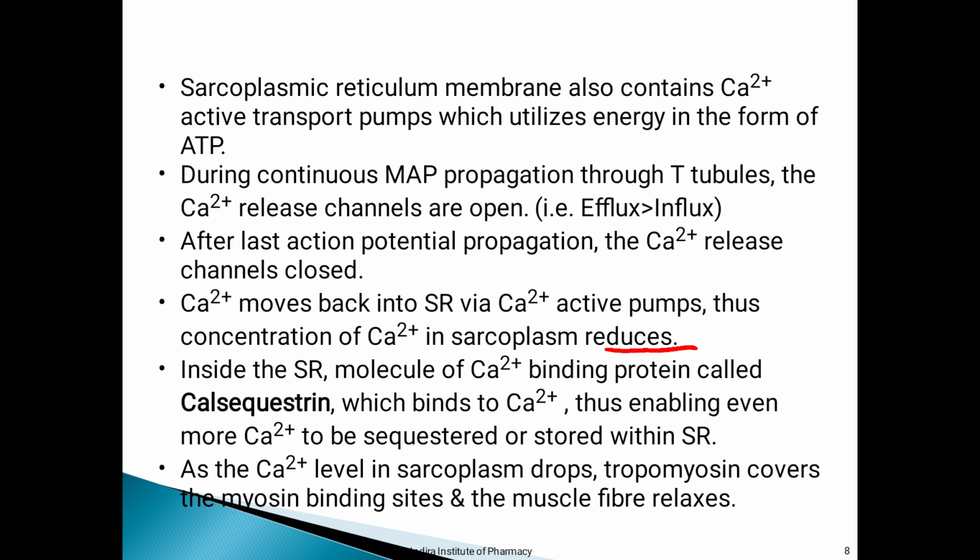Inside the sarcoplasmic reticulum, molecules of a calcium binding protein called calsequestrin bind to calcium, thus enabling even more calcium to be sequestered or stored within the sarcoplasmic reticulum.